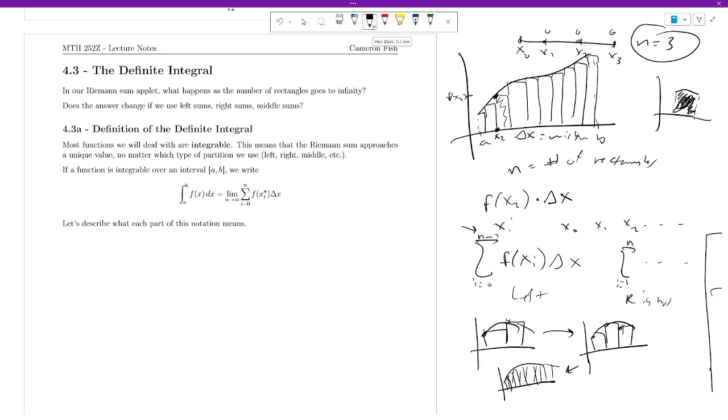Or ask me if you're curious. But basically, for most functions that we're going to deal with, it works. And if it works, we say that the function is an integrable function, so it's possible to integrate it. Integrate is basically the word for doing this process: to go to an infinite number of rectangles and converge and approach a specific finite area number.